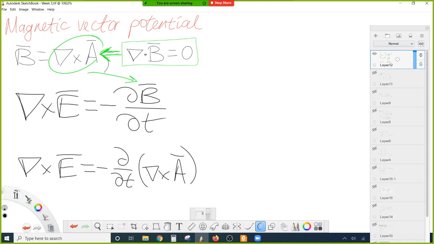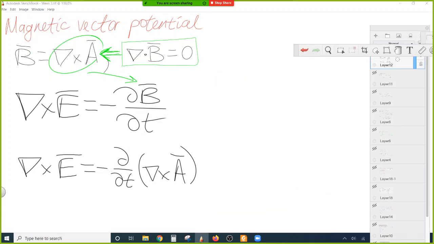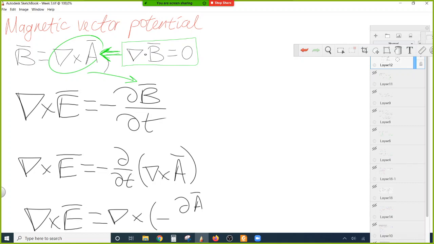and if we manipulate a little bit, the rotor of electric field intensity E will be equal to the rotor of minus dA over dt.